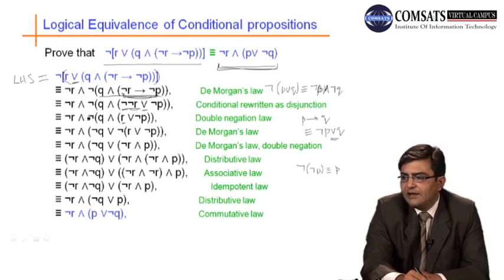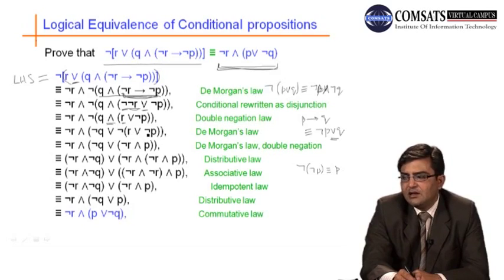Now we can apply the negation or De Morgan's law. Here we have the negation of Q and this expression. By using De Morgan's law, we can write not Q, this conjunction operator will be converted to disjunction, and we apply not here.